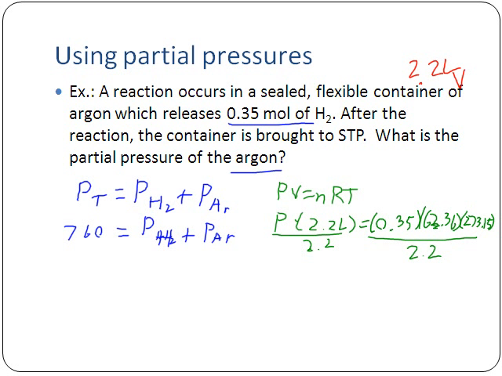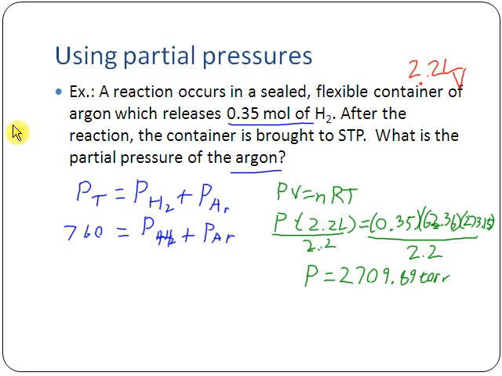And we end up getting 2,709.89. And so the pressure is 2,709.89, and the unit here is going to be torr, which gives us a little bit of a problem.